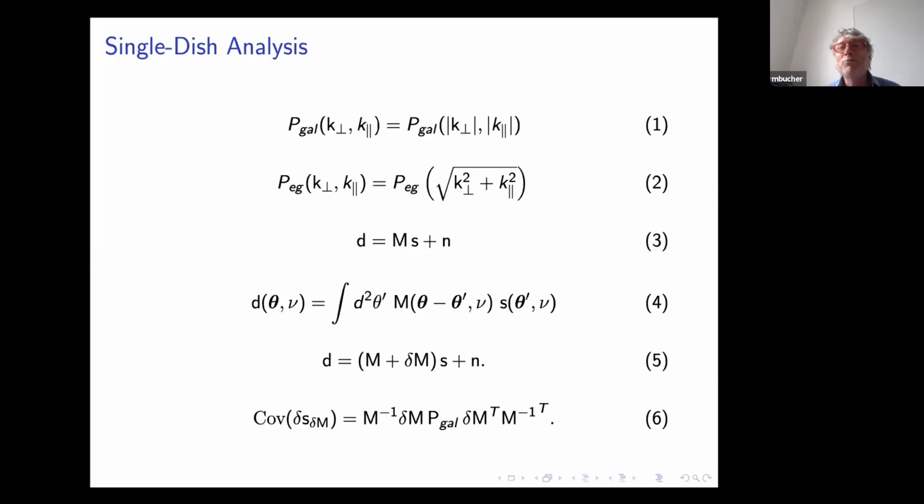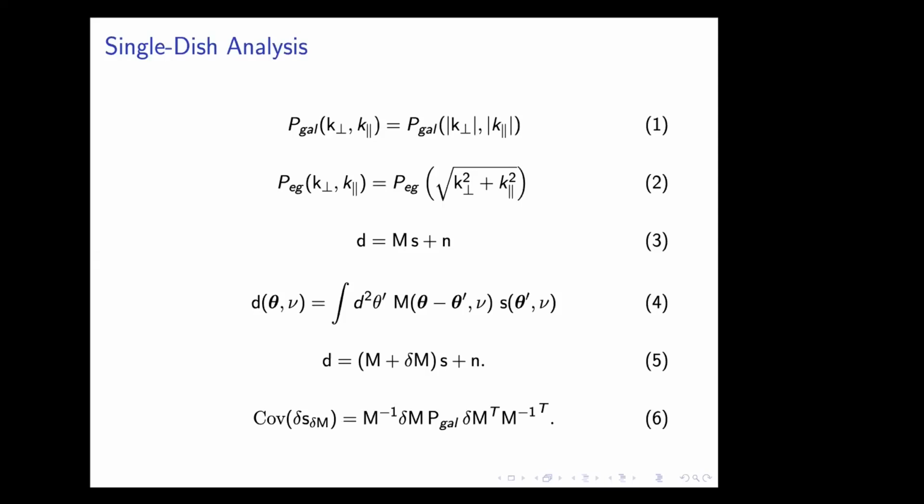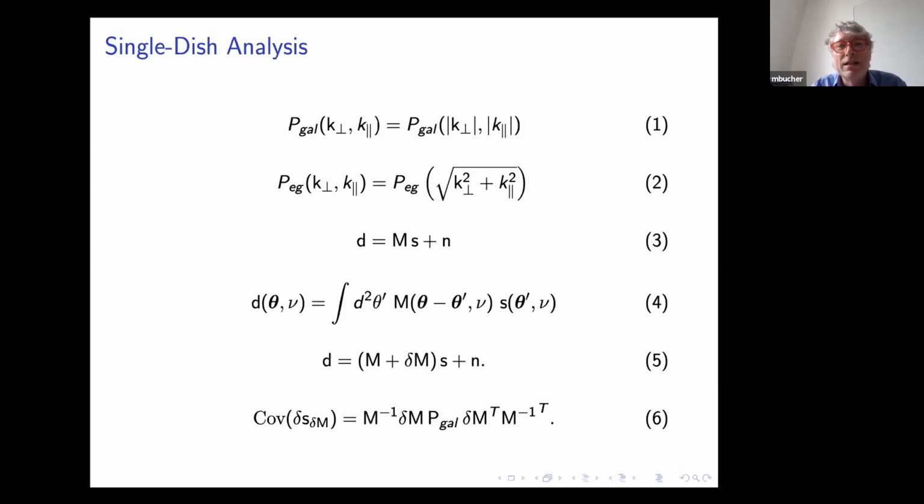Let me just say one thing. Some people assume that the ground is a sort of perfect black body, and that the only thing the ground does is add additional noise into your detector, sort of loads your detectors, but that's half true.